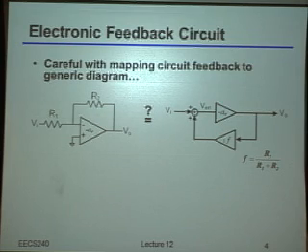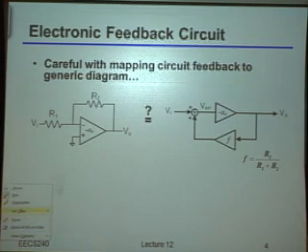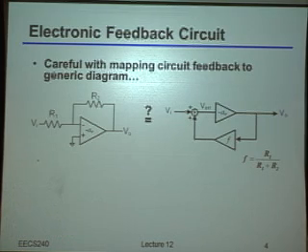Because if I took the closed loop gain of this block diagram, it should be minus (R1 plus R2) over R2, right? Which is not the closed loop gain of this structure. The closed loop gain of that structure is, of course, minus R2 over R1.